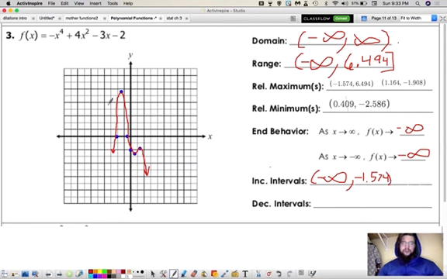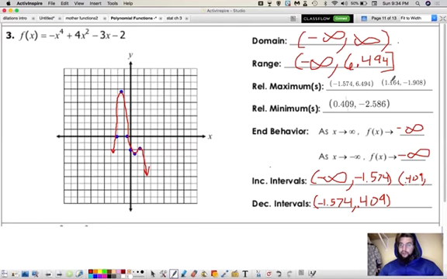Decreasing next from this dot right here, negative 1.574, all the way until, oh, I got a point, I gotta stop. Oh, yeah, you're changing right there. 0.409. And then I'm going up from this little itty bitty piece right here, 0.409 to 1.164.